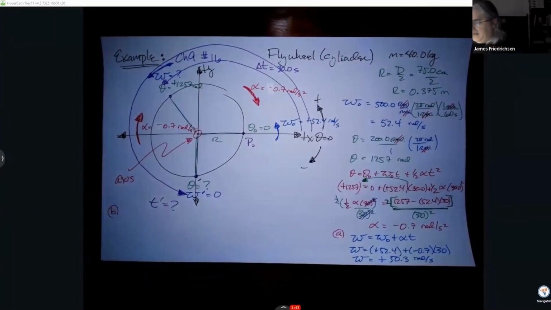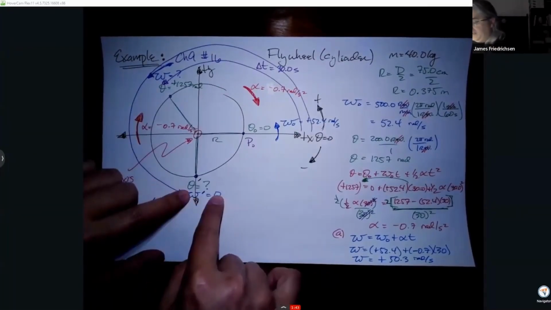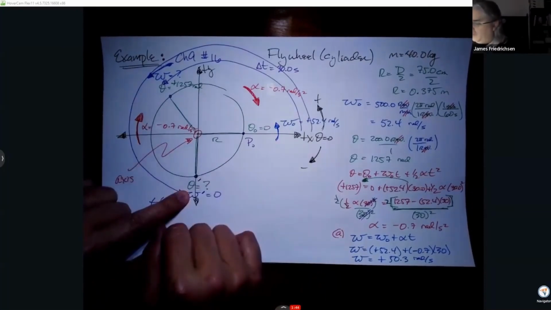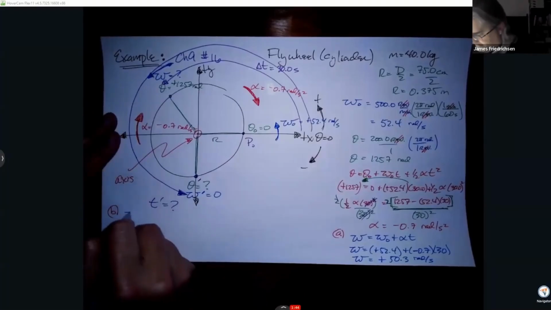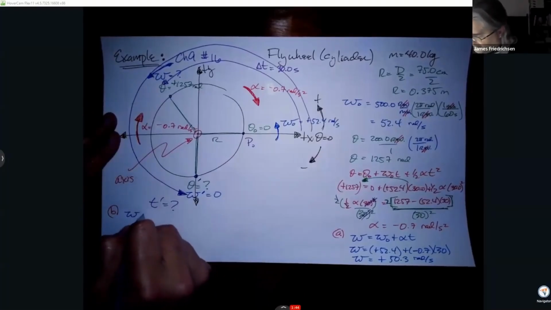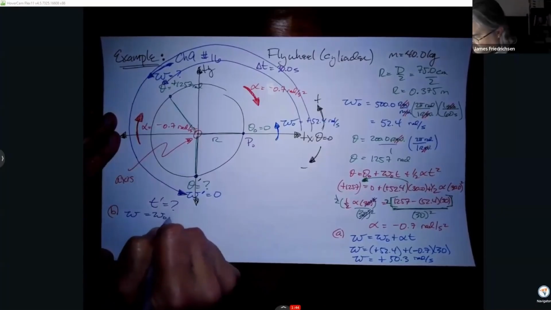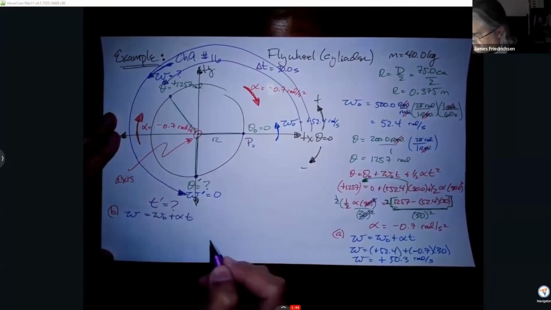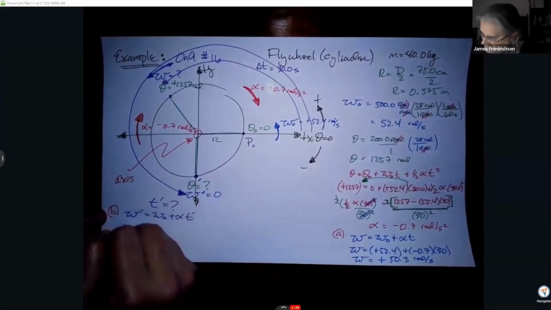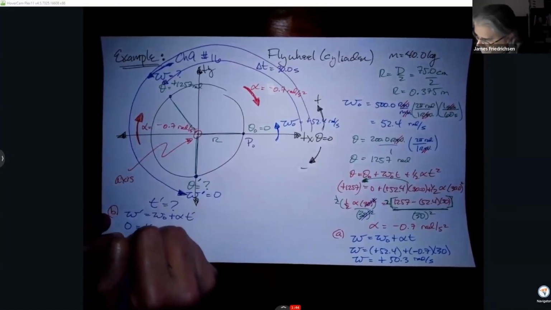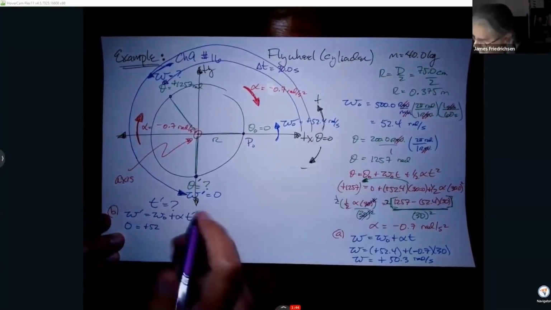Let's calculate this time. We know this final speed is 0. We know the alpha through the whole motion. So let's use equation 1 again, but this time we'll find the time. So I have the final omega is the initial omega plus alpha times the time. And I put like a prime here and here. And if we load this, this is 0 equals plus 52.4.